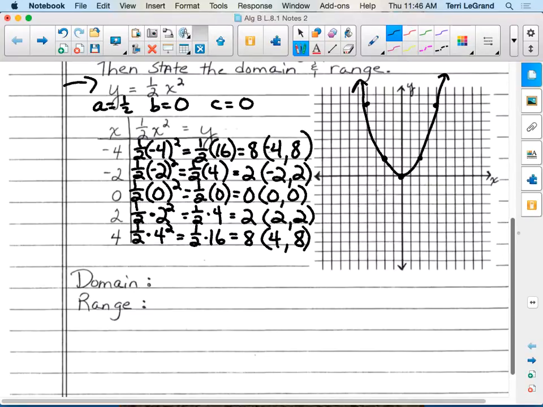Parentheses, 1 divided by 2, parentheses, x, and then remember the x squared key. I want you to do a zoom 6, and it'll take you to the graph. Kind of looks like ours.